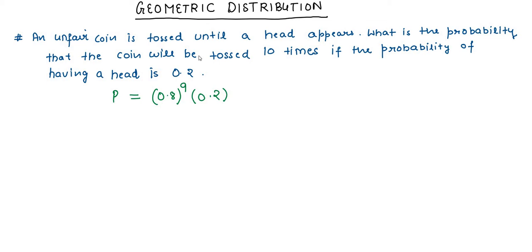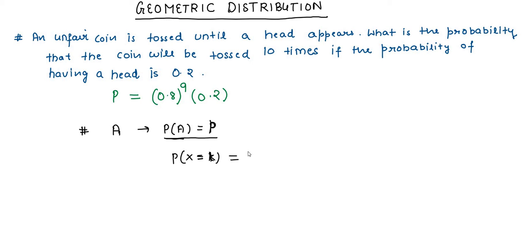So how do we define a geometric distribution? Suppose we have an event A, and the probability of the event happening is small p. We do the experiment, we do the trials. What is the probability that this event will occur at the kth time?